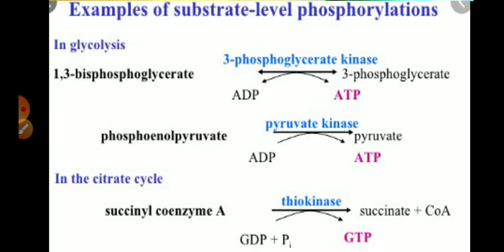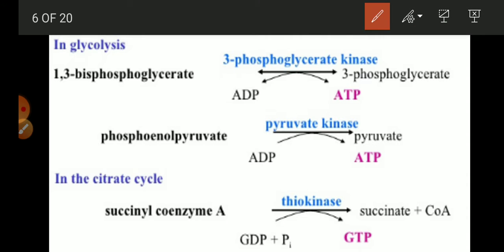Number 1 is from glycolysis, in step number 7, in which 1,3-bisphosphoglycerate changes into 3-phosphoglycerate, meaning from carbon number 1, one phosphate is released and added to ADP, then ATP is formed, and here the enzyme 3-phosphoglycerate kinase is used.